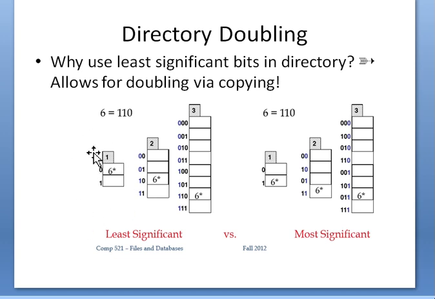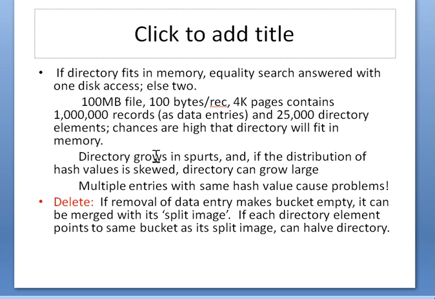For example, I had two buckets at first, so the directory size is 2. If I double, I have 4. If I double, I have 8. If I double, I have 16. So the directory is growing in spurts. Distribution of hash values may be skewed.